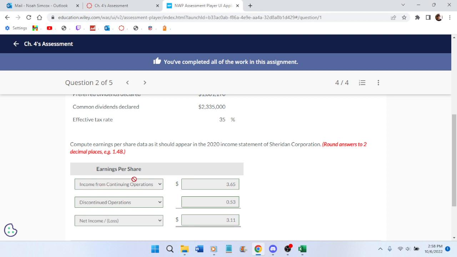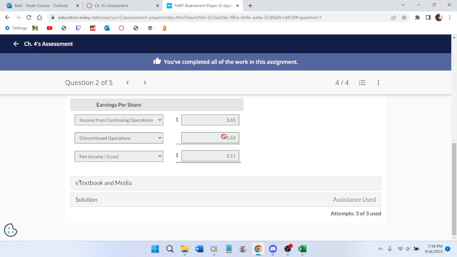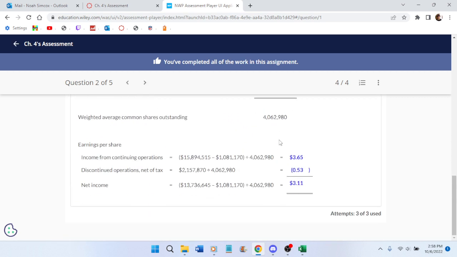There's income, earnings per share, income from continuing operations, discontinued operations, net income / loss. And the discontinued operations, that's a negative. I don't know why they count it as correct. But anyways, it should be in parentheses because it's a negative.